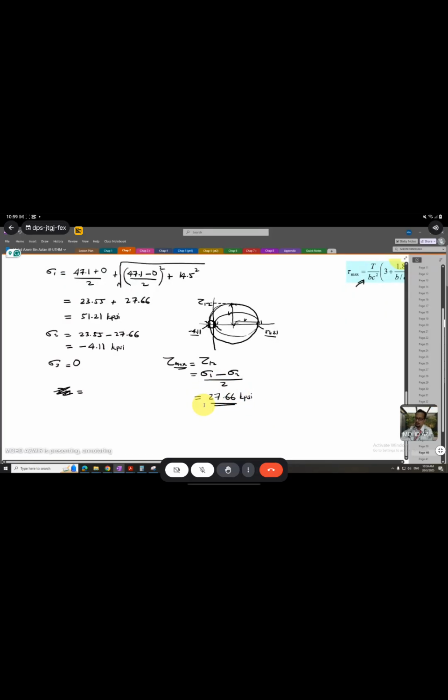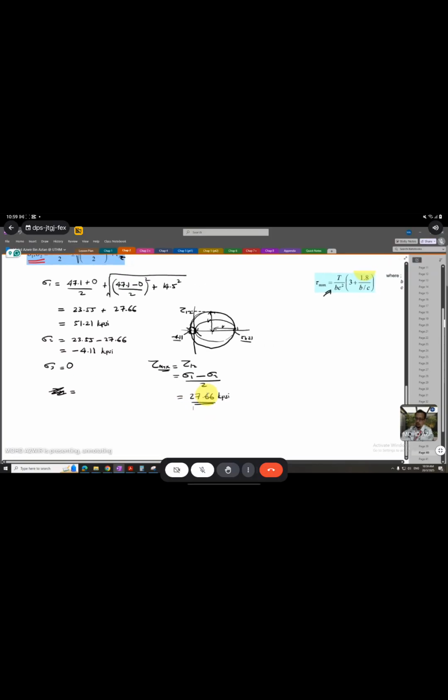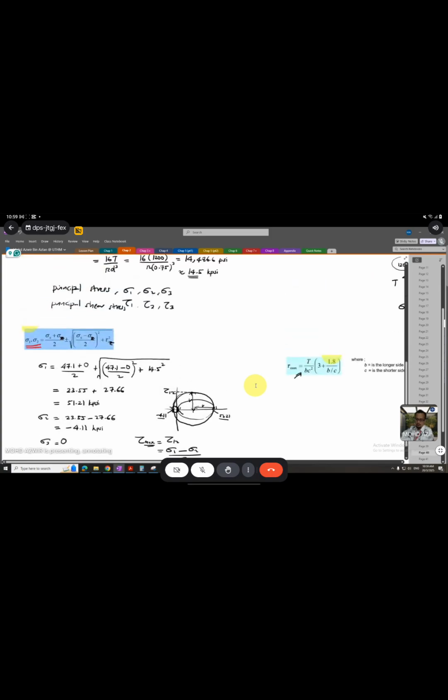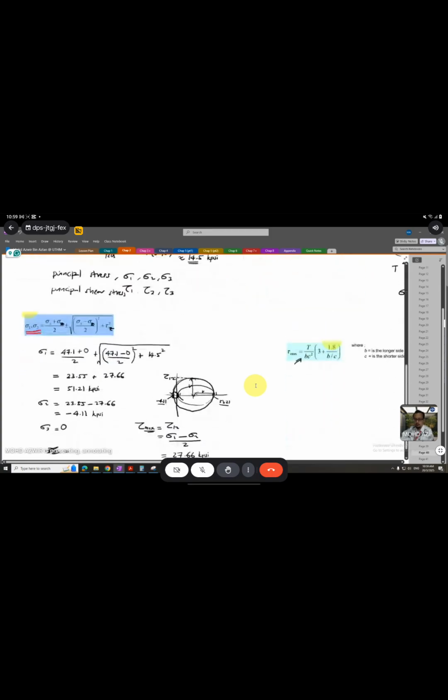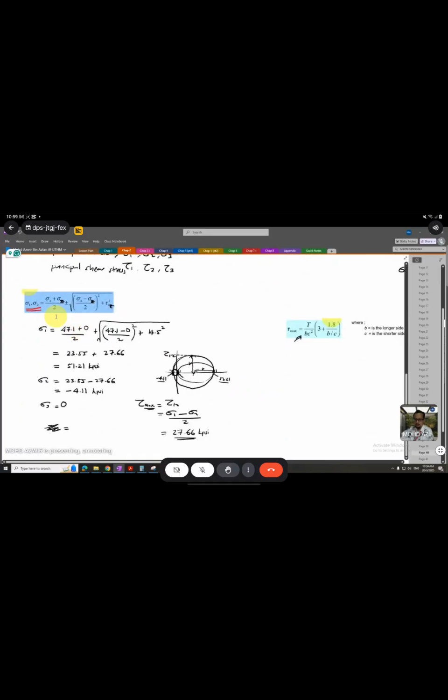Next week we try to calculate safety factor, and we want to check whether n is bigger than 1, less than 1, or equal to 1. If bigger than 1, it will be safe, and less than 1, it will fail, and equal to 1, it will become critical. Okay, for this chapter 2, it just proceeds up to the principal stress and principal shear stress, or tau max.